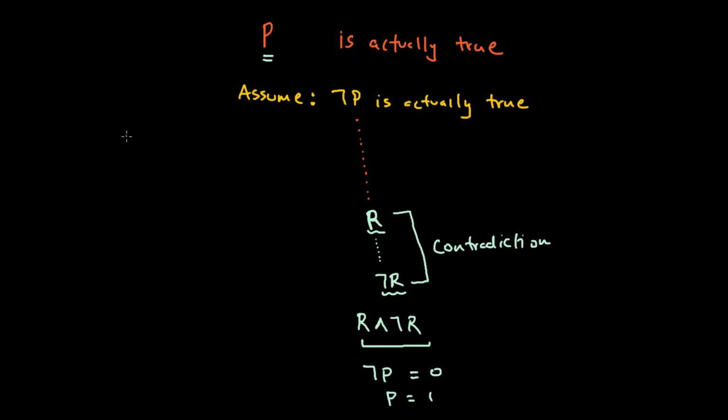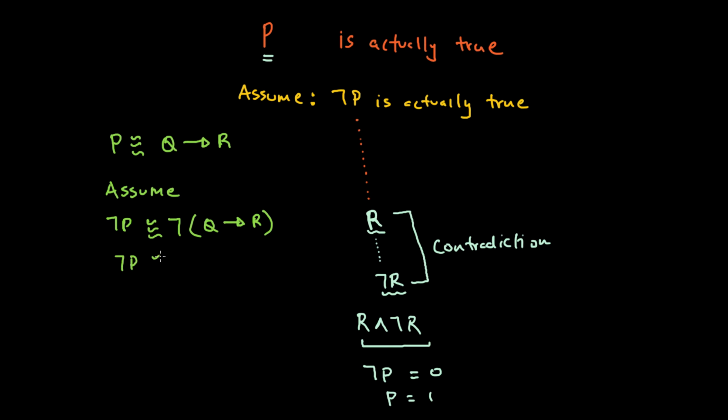Assume I've got some statement P, which is logically equivalent to saying if Q, then R. Whatever the statement P is that I'm trying to prove, I'm going to rewrite it as an argument: if Q, then R. The assumption with proof by contradiction is that not of P is actually true, which implies not of (if Q then R).